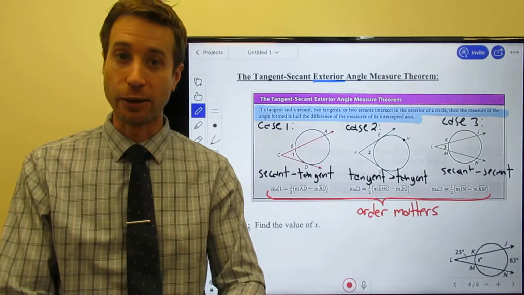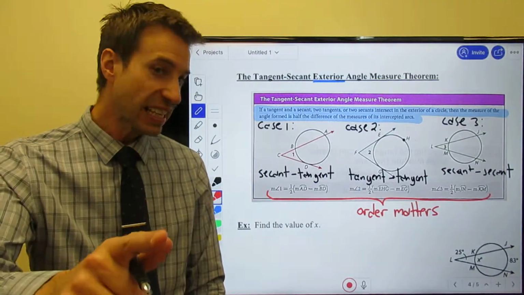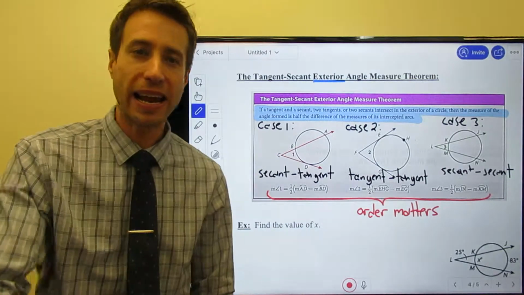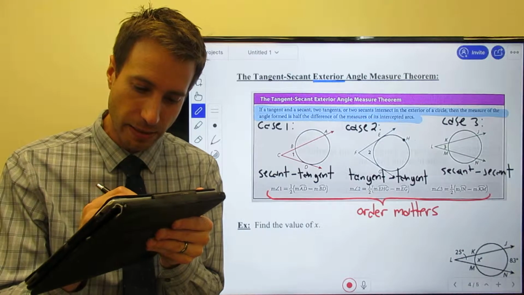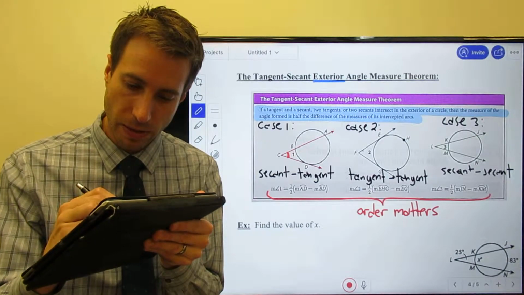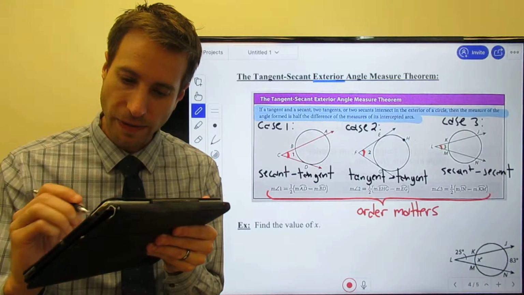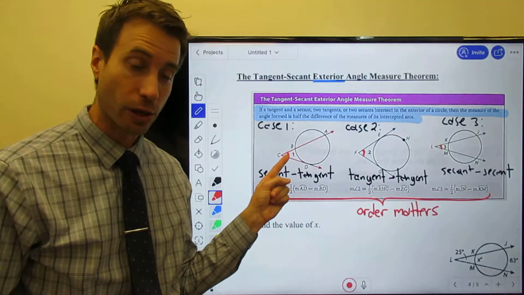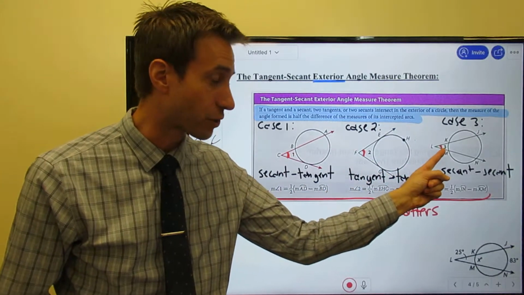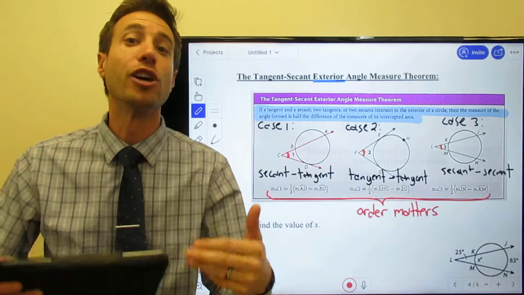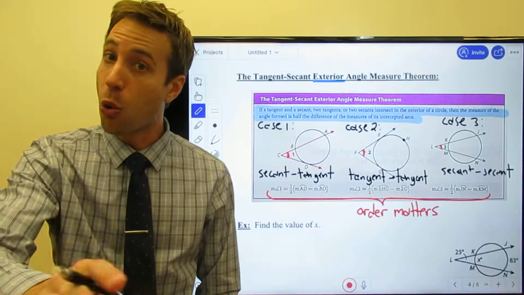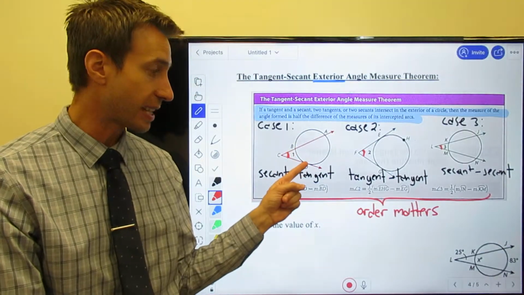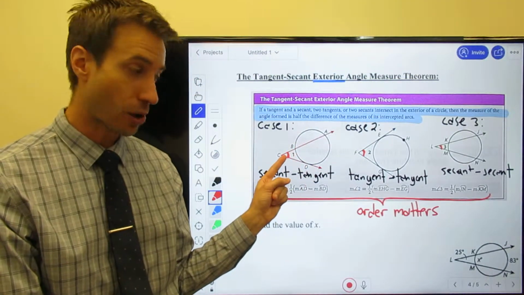Okay, now here's the way that they work. I'm not asking you to find a different angle. Find that angle, the circumscribed angle. So in every case, you're being asked to find the circumscribed angle. The only difference is you have a secant and a tangent forming a circumscribed angle.